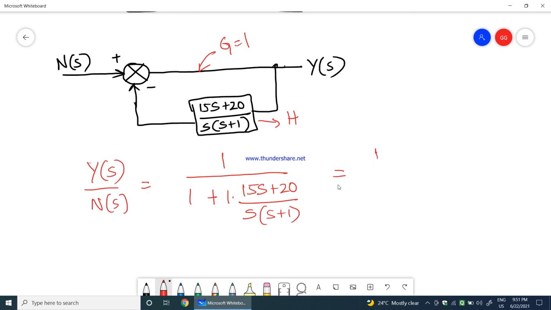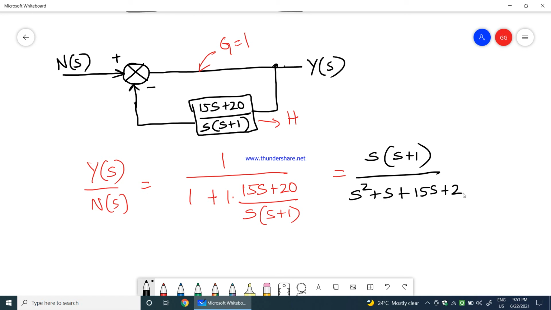I'll take LCM. So when I take LCM, this s into s plus 1 will come to the numerator. So I'll say s into s plus 1 divided by s into s plus 1 multiplied by 1, which is s square plus s plus 15s plus 20.